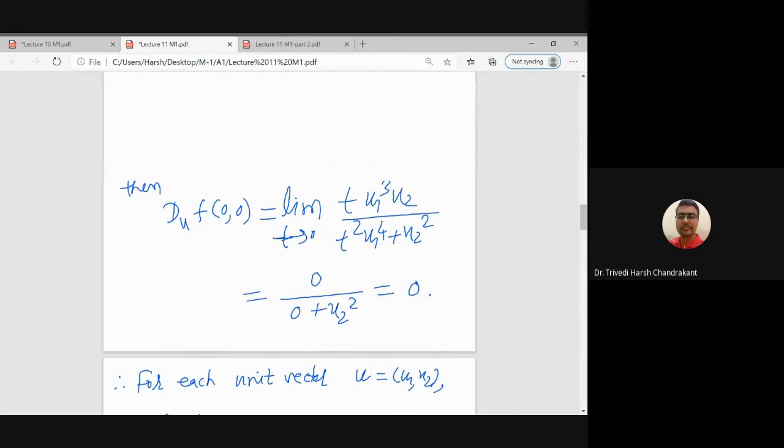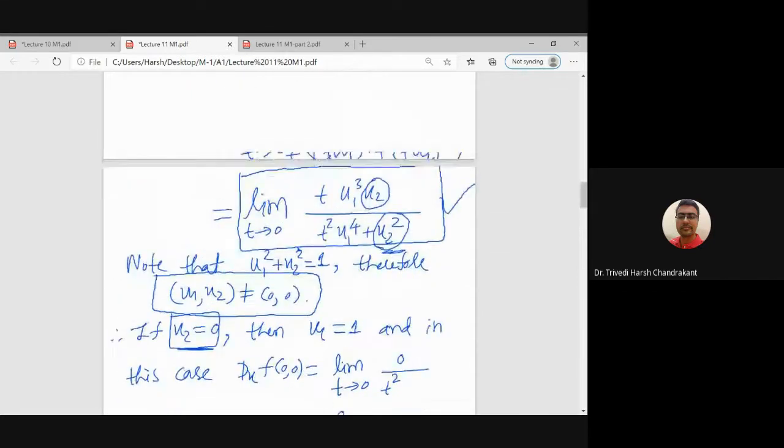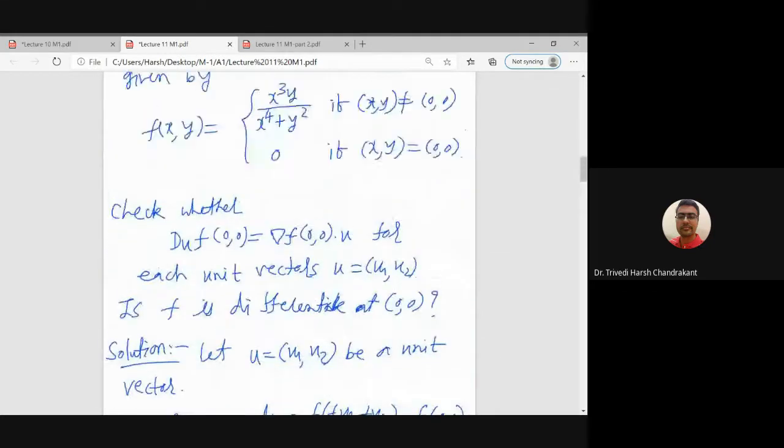So first thing we found that is required in the question, that is this part. Now we need to find this part, and for that we basically need the gradient of f at origin, and that is the partial derivatives fx and fy we need to find at the origin.